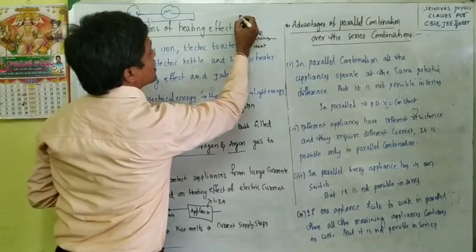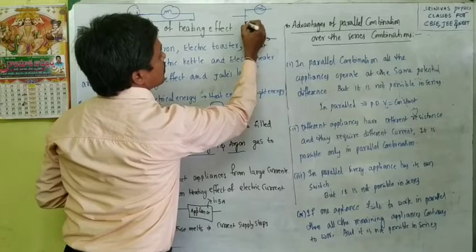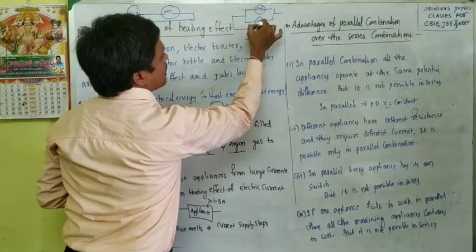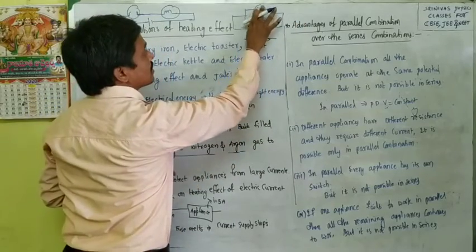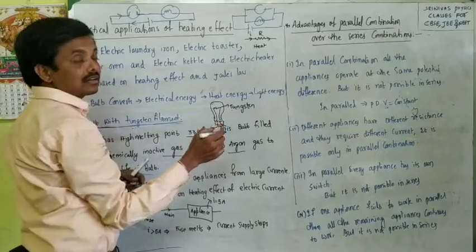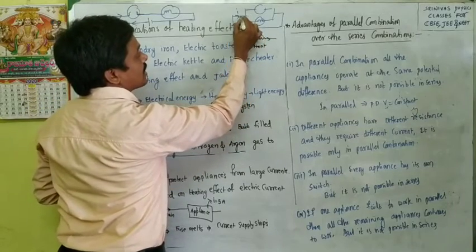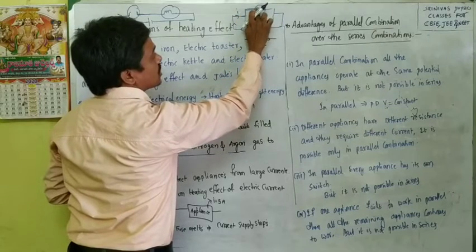And in the parallel combination, it will be like this. This is the first bulb, and this is the second bulb. These are in parallel, and this is the battery, right? For example, this bulb fuses. The current starts from here, and the current never goes to this side, because this side path becomes an open circuit.